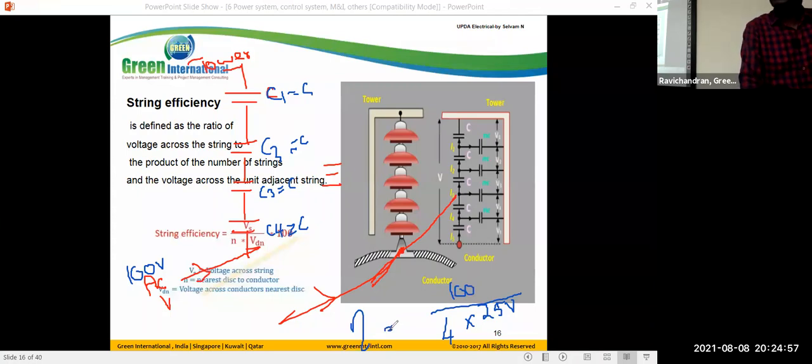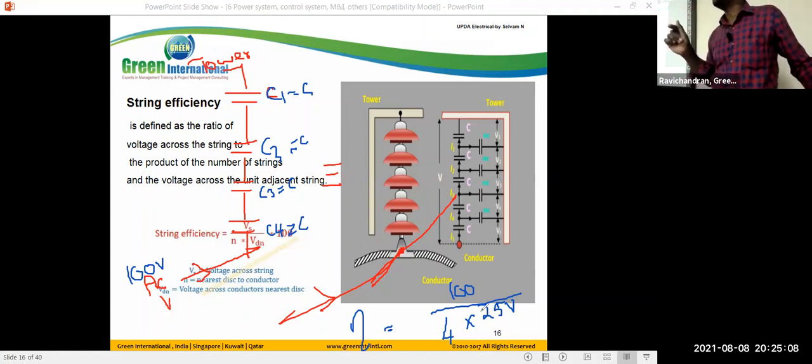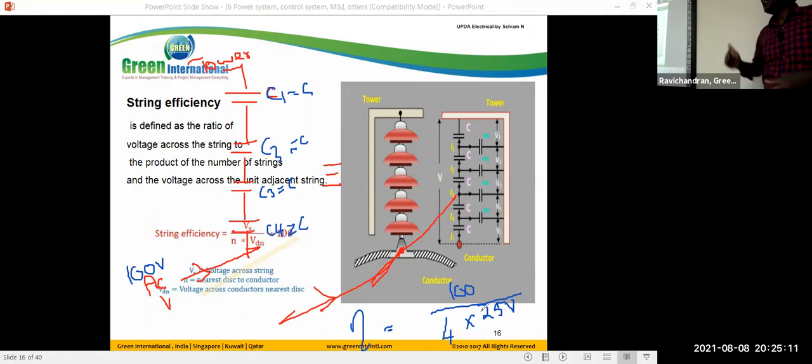What is the formula for the string efficiency? Total voltage divided by the number of strings into the voltage across the last string. That is the important part: the voltage across the one nearest to the conductor. So the formula is total voltage V divided by N into the voltage across the 4th capacitor C4, because here we have 4 capacitors.